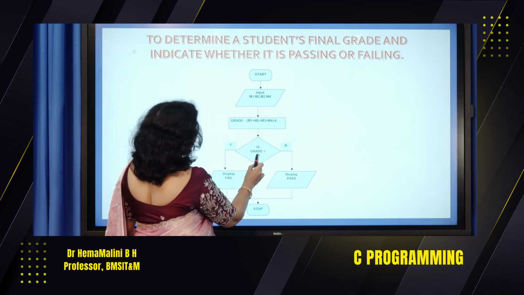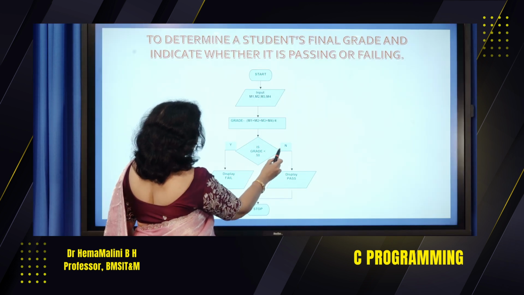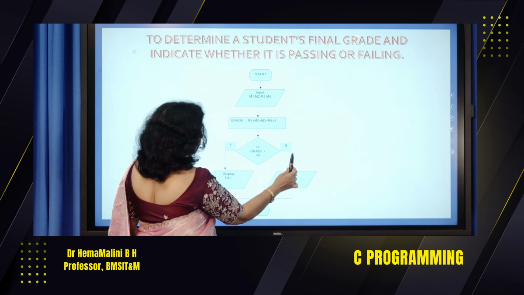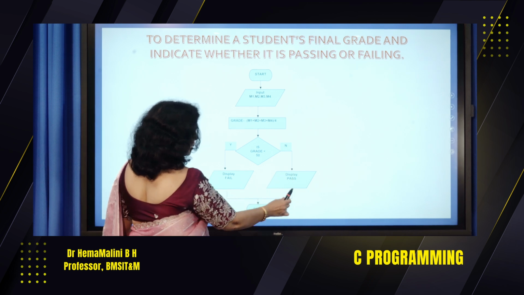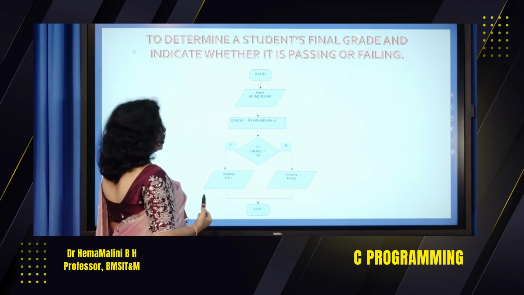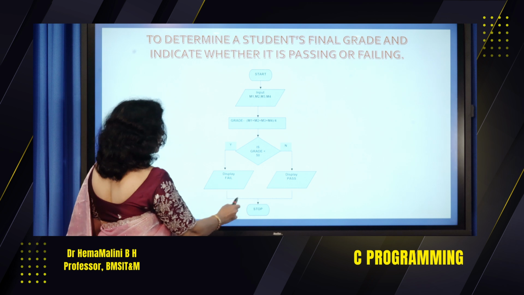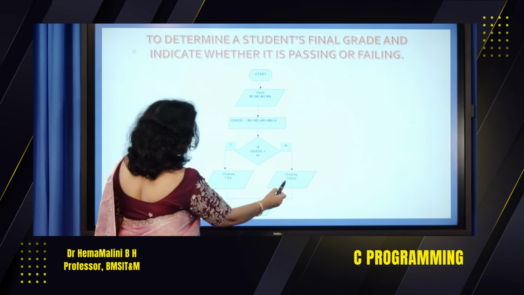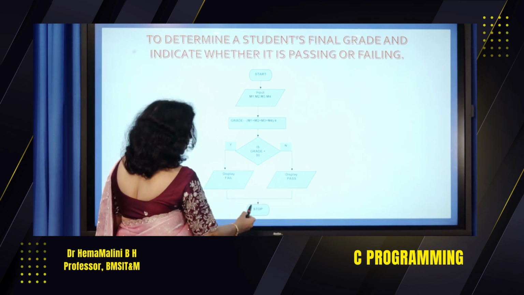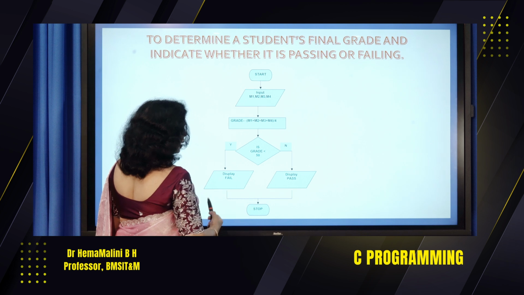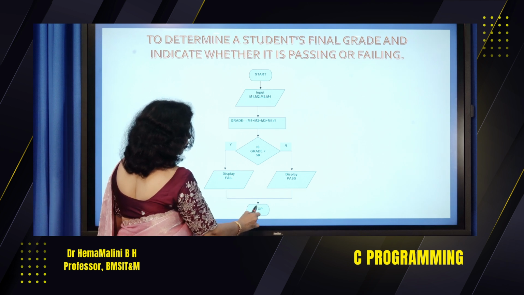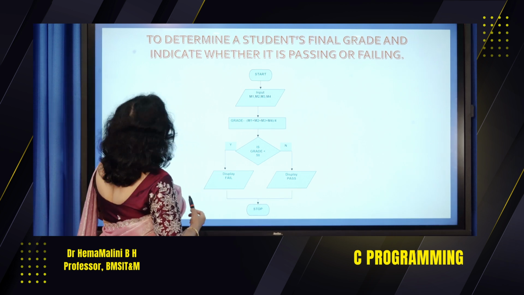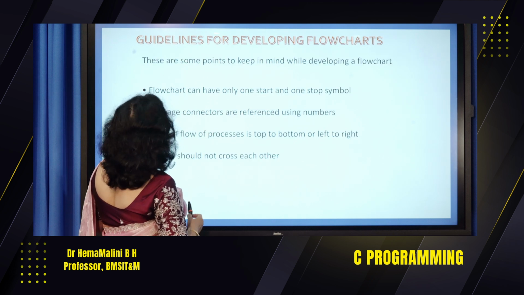If the answer is no, then display pass, then come down and stop. So in both cases, you have the result ending at stop. We pass the control to the stop. So that is a flowchart.